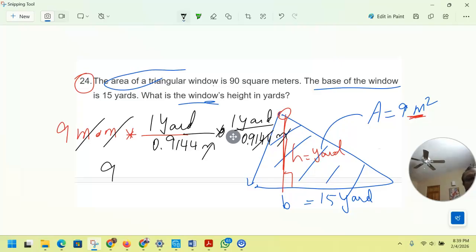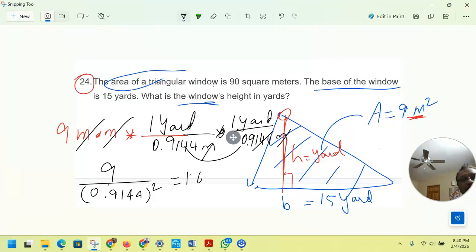You get 9 divided by, you multiply this 2 times, 0.9144, 2 times, and whatever answer the calculator gives you, 107.64 yard square.